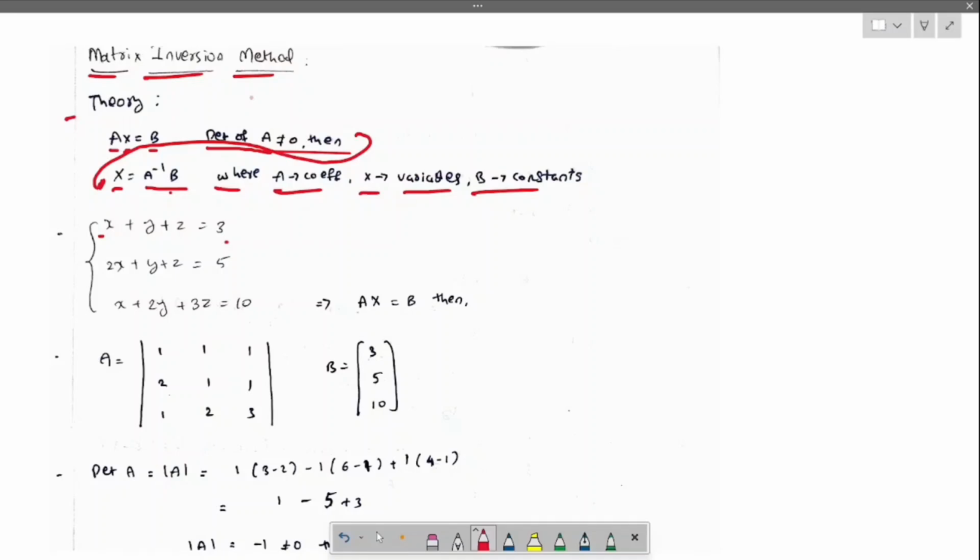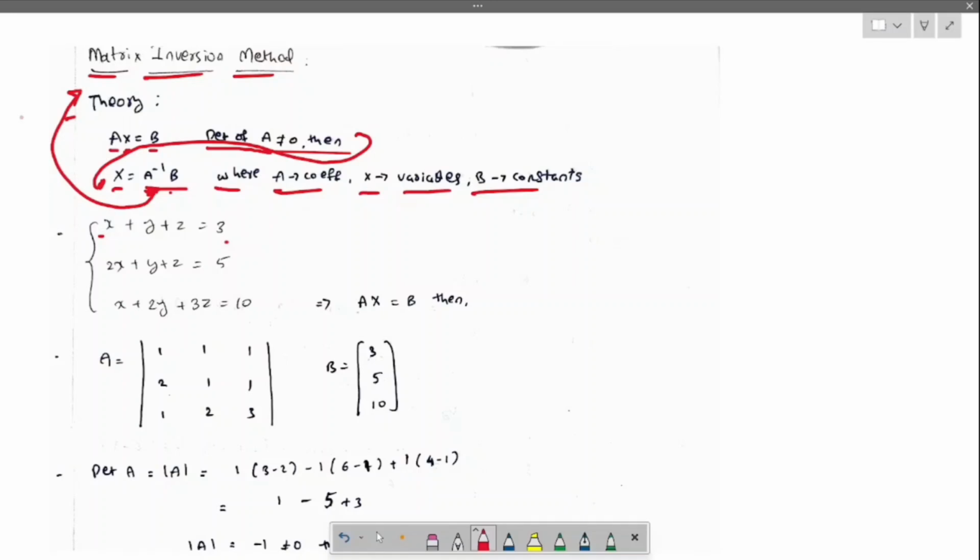Only when it is not equal to 0 do we go for A inverse. Here we are taking the inverse of A, that's why it is called the matrix inversion method. I hope you got why it is called matrix inversion.